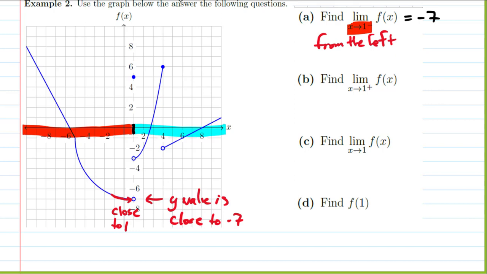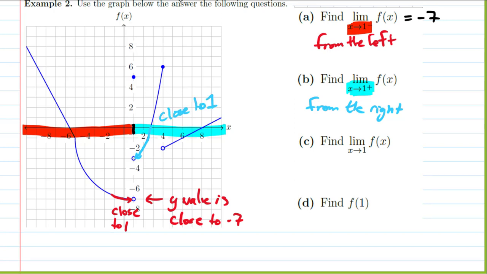Okay, so now we're asked to find the limit as x approaches 1, this time with the plus sign. We know we're going to come in from the right. And as I get close to 1 from the right, this time I'm coming down my graph here.